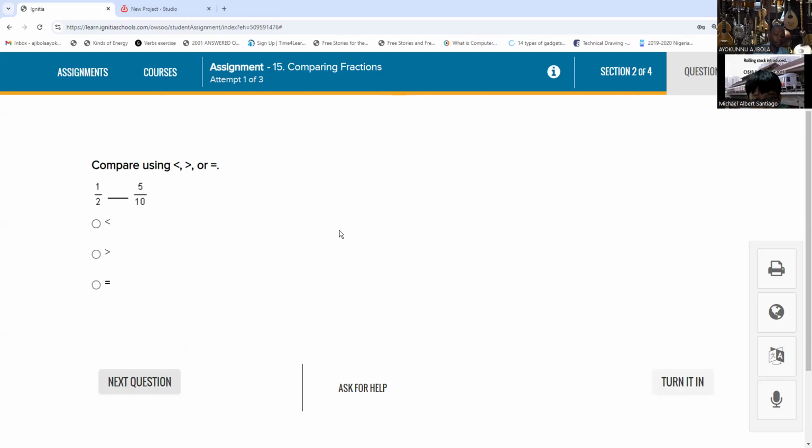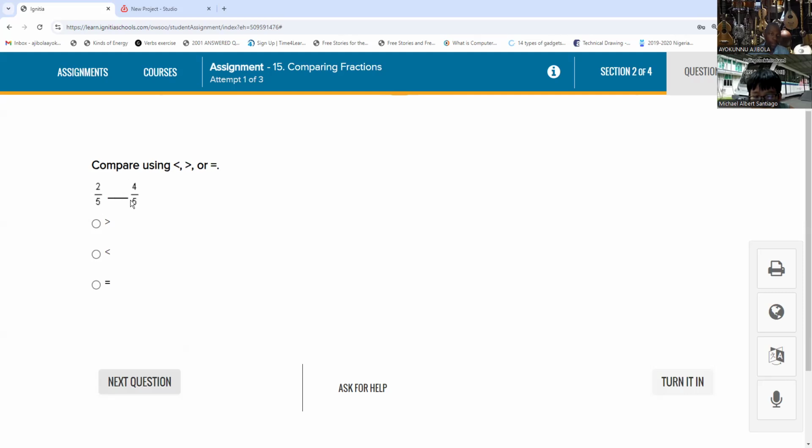You should go for option 1. Option 3, because I said they are the same. Do you think they are the same? Yes, they are 1 over 2 and 5 over 10. If you reduce 5 over 10, it will give you 1 over 2 if you divide them by 5, right? Yes. So it's equal. So you need to concentrate because it might affect your score.